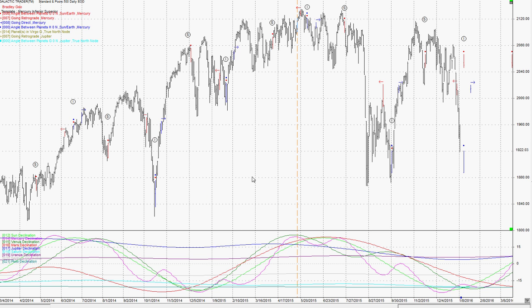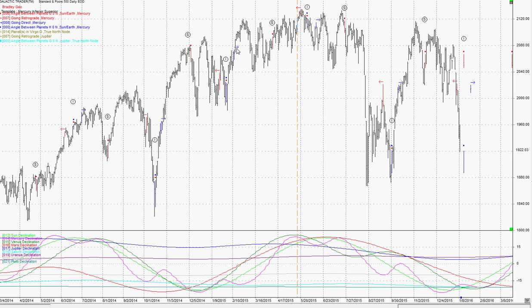On the chart, I've marked them with I's for inferior and S's for superior. The inferior conjunction always occurs while Mercury is retrograde, so it's between the retrograde date and the direct date.